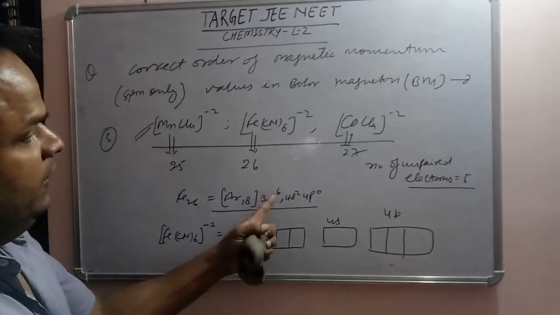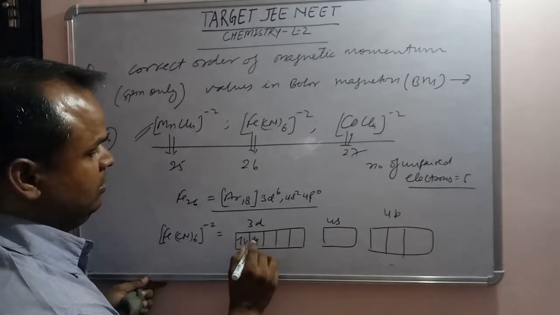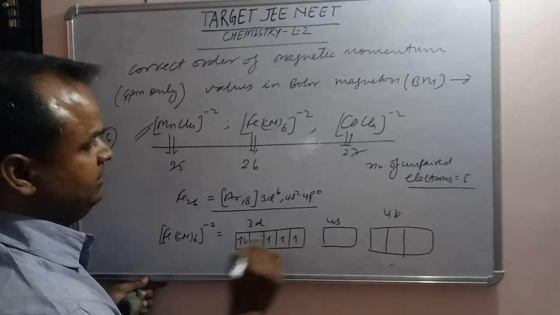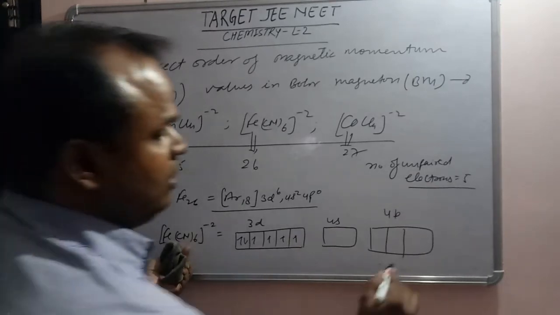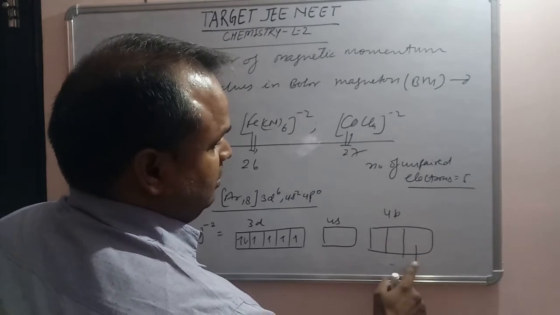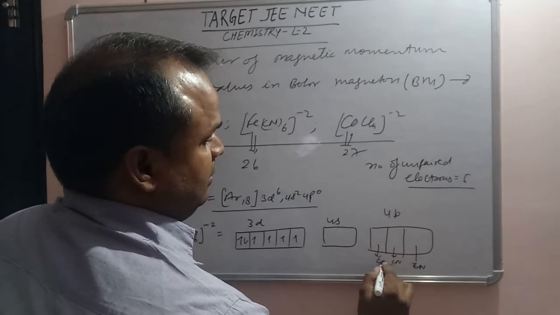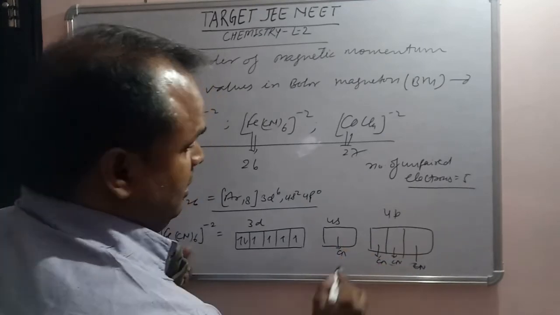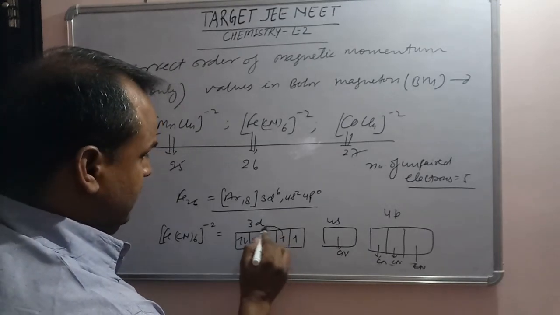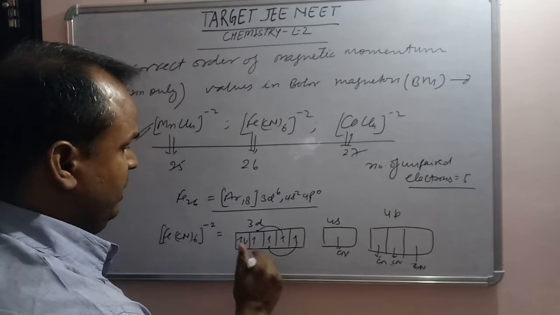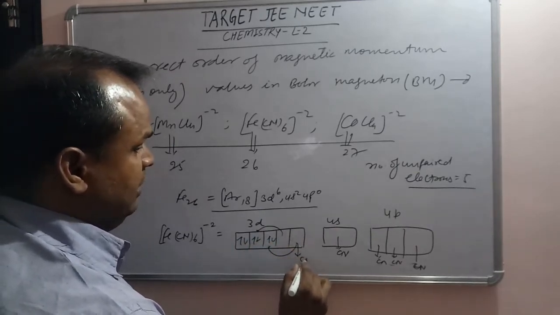Now in this case there are 6 electrons, 1 2 3 4 5 6. Now we have 6 CN: first CN, second CN, third CN, fourth CN. Now still we need 2 other places, so these electrons can be shifted here. It becomes like this, and this becomes free, so that CN can combine here.